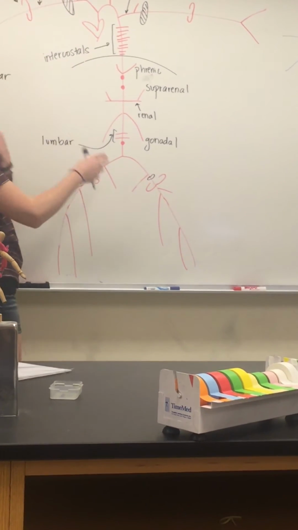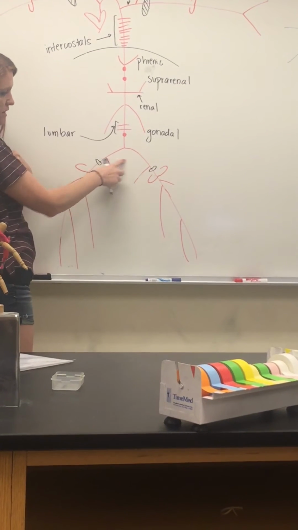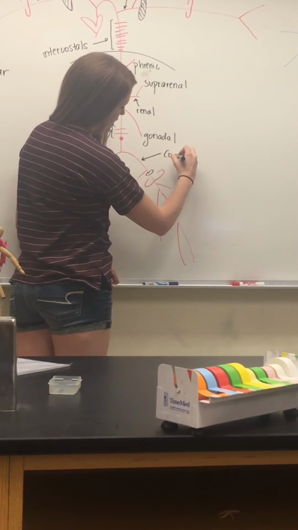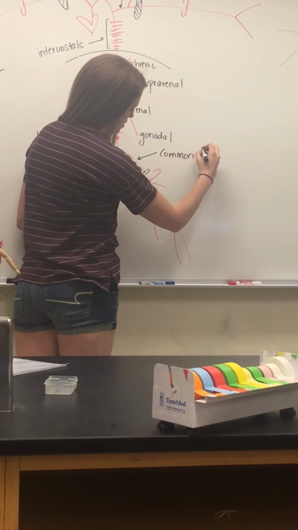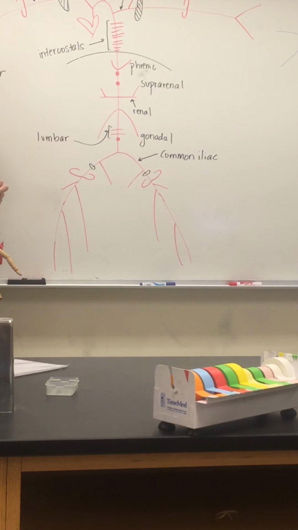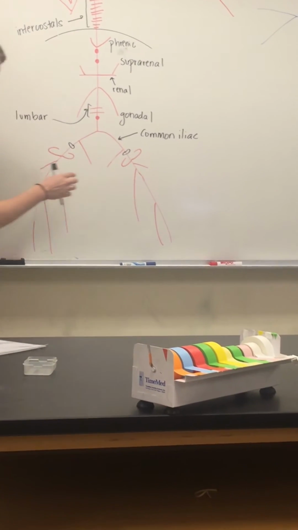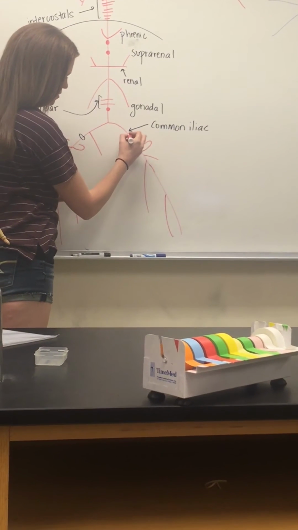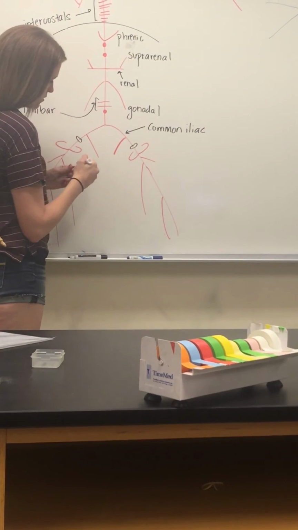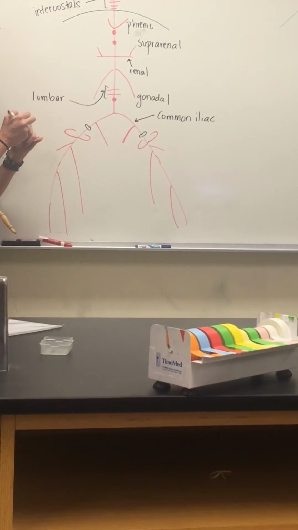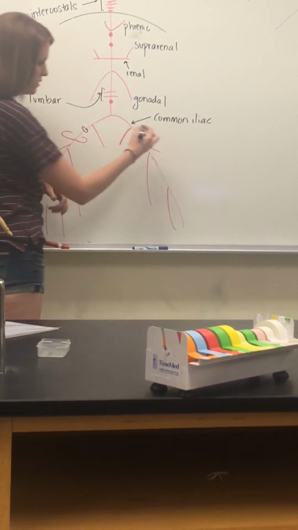Then the aorta splits here. Once it splits, we have the common iliacs. And then each common iliac splits into an external and an internal iliac.